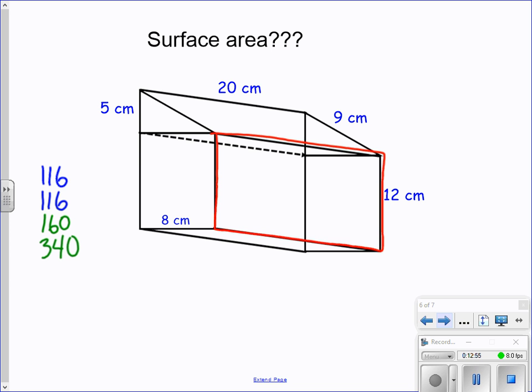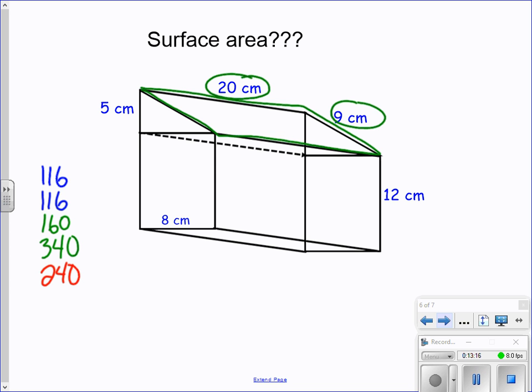It's 12 by 20. 12 by 20 is 240. Okay, that's another side we've done. That's pretty simple. Length times width. We're going to need to find the roof, which is this here. That's 20 times 9, which is 180.